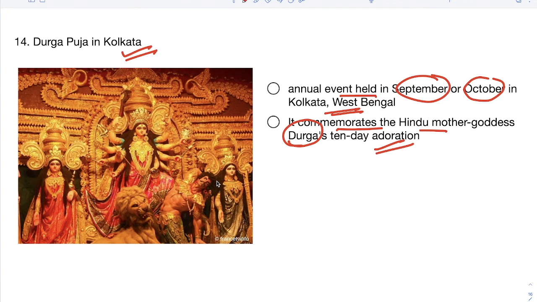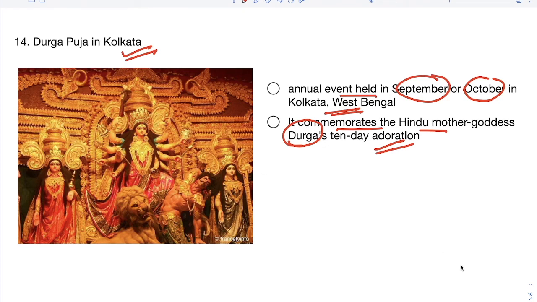I hope all of you know this Dasara festival, but in the Kolkata regions, they will celebrate like a grand event. Okay, that's why it was included in the Intangible Cultural Heritage of UNESCO.